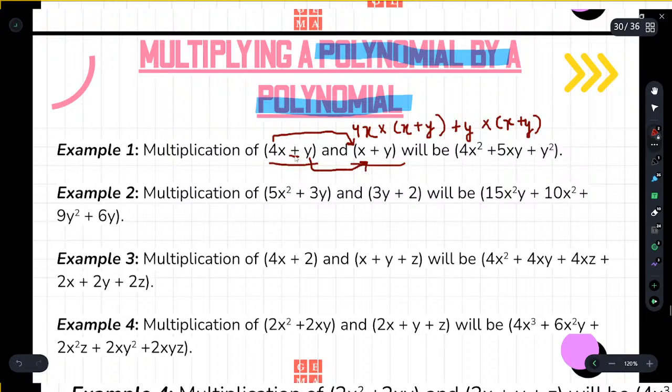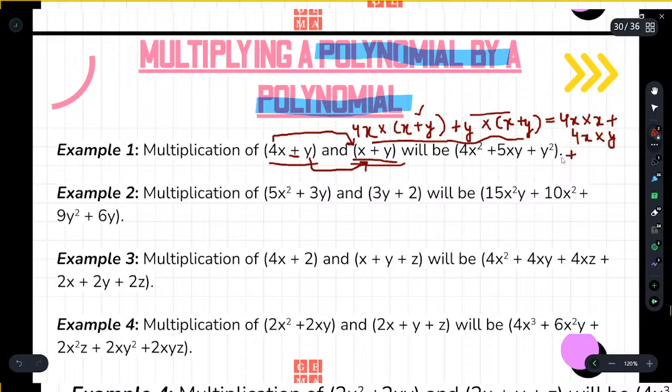Okay, 4x into this bracket plus y into this bracket. So this is what I have got here. Let's solve this like we did with the monomial into a polynomial. 4x into x plus y will be 4x into x plus 4x into y. Yes, so we have solved this one. Let's move on to this one.